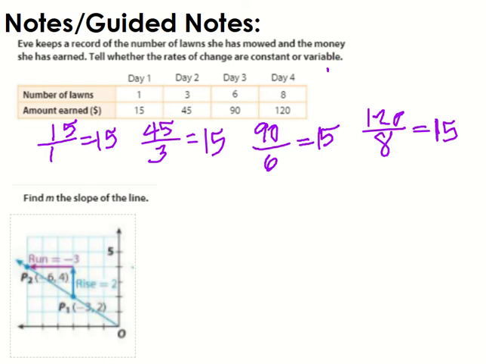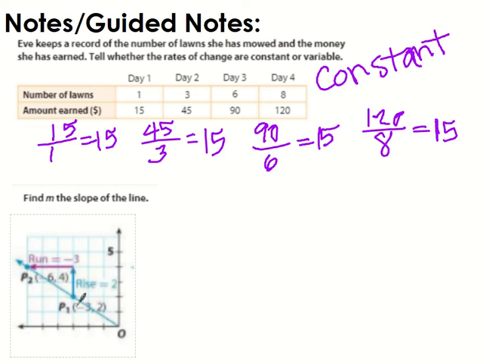So we would say this is constant because everything is the same. If these were not the same, we would call it variable. So this rate right here, this is a rate of change, but we can also call it the slope because it is how much the line, if we graph it, would slope.